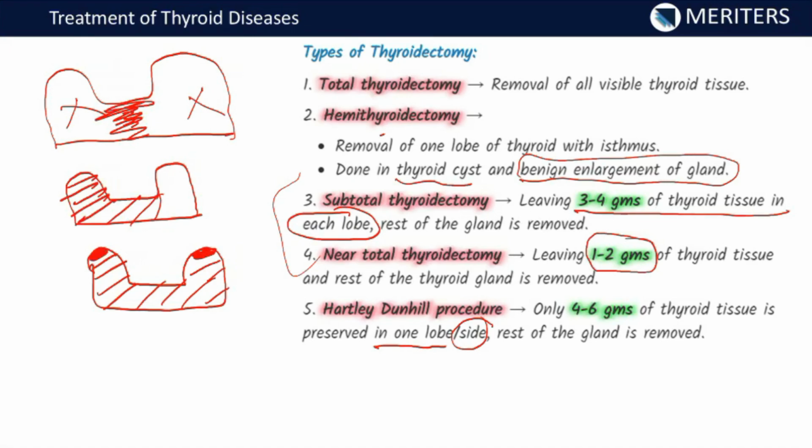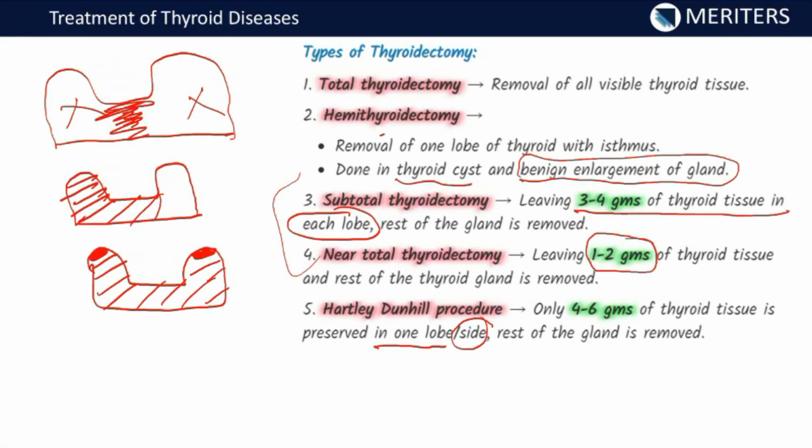Why were they leaving certain tissue? They thought that by leaving certain tissue, that will suffice the requirement of the patient's thyroid hormones, and it will prevent hypoparathyroidism as well, plus it will prevent the recurrent laryngeal nerve injury. So because of that, they were leaving some tissues.